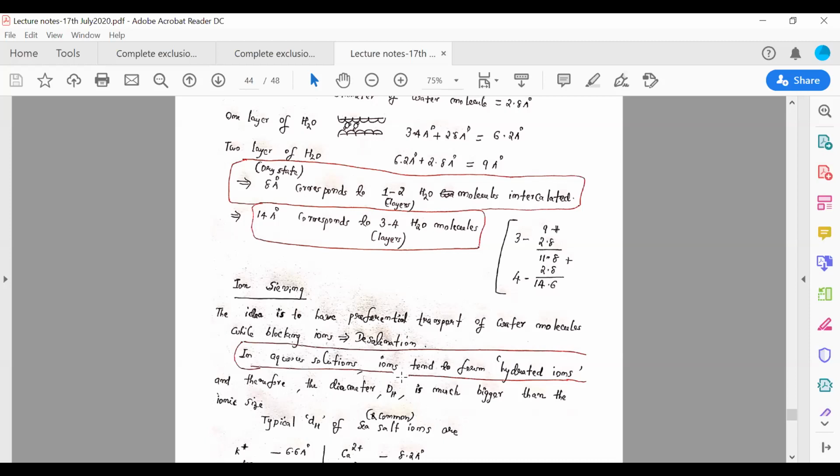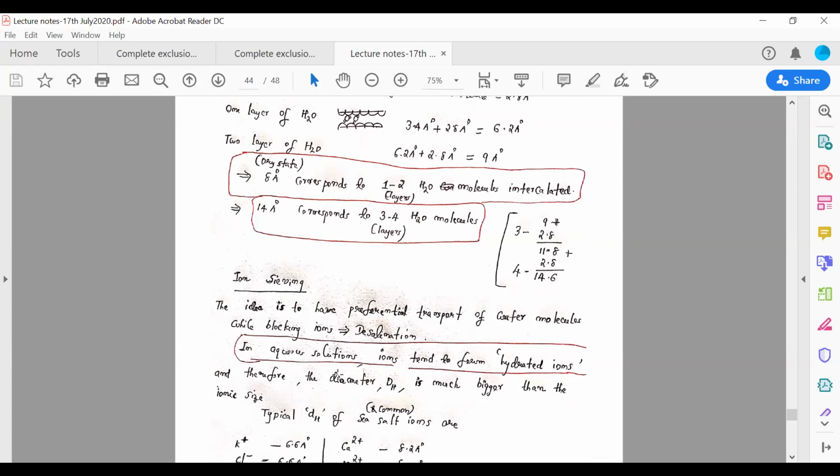Okay, it all depends on the radius of the ion and also the charge. So it is actually the Coulomb potential, Z squared by R, that decides how strongly it is attractive to water molecules. So some ions will form a smaller hydrated radius, and some other ions will form bigger hydrated diameters.